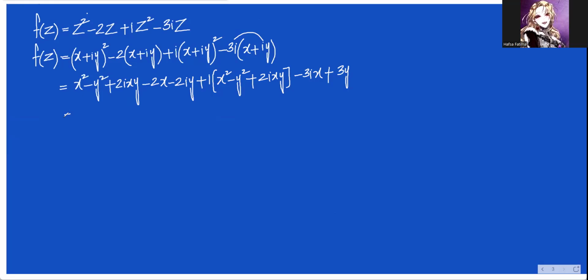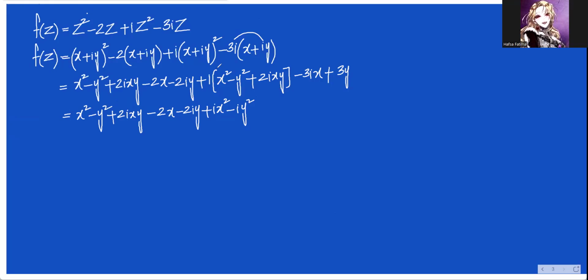It is also equal to x square minus y square plus 2ixy, minus 2x minus 2iy, plus i x square minus i y square.